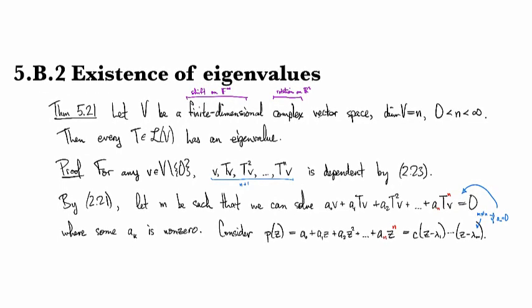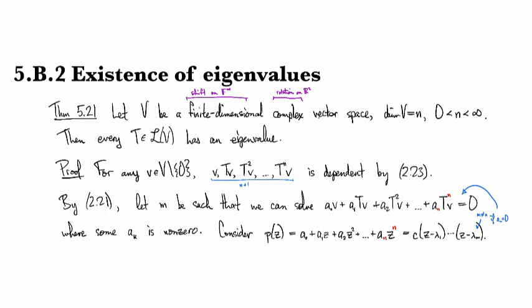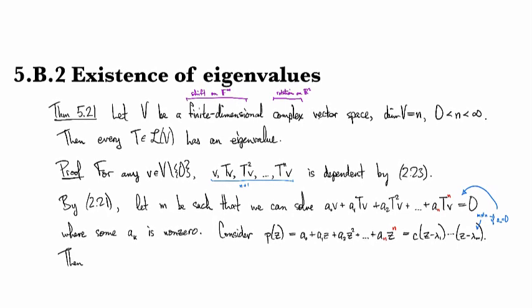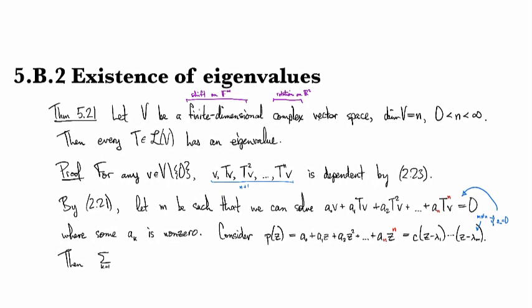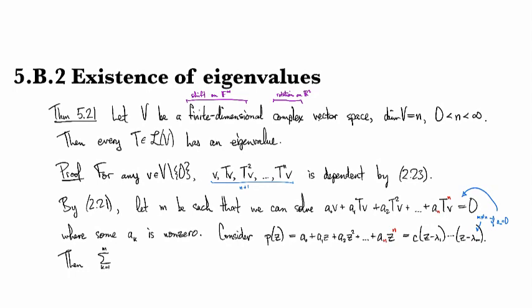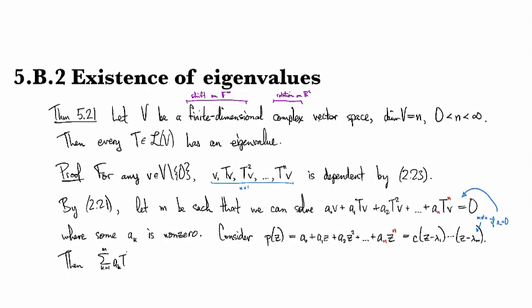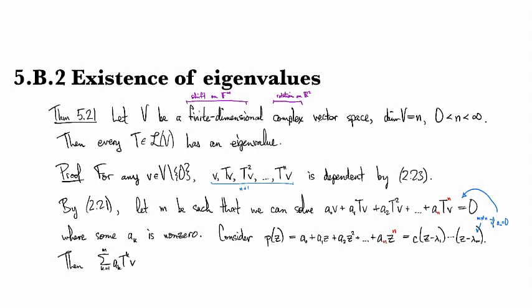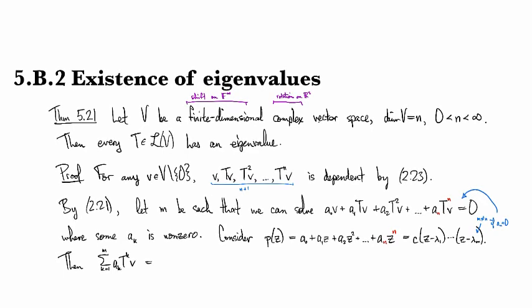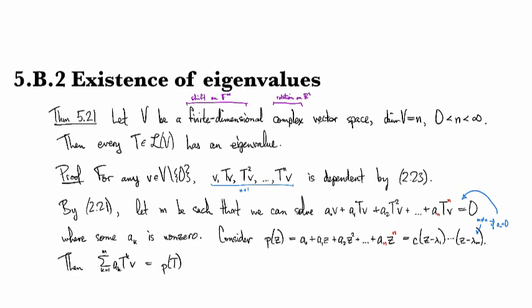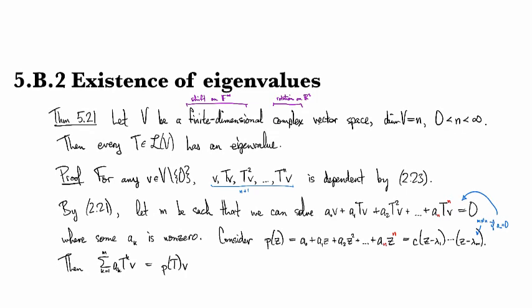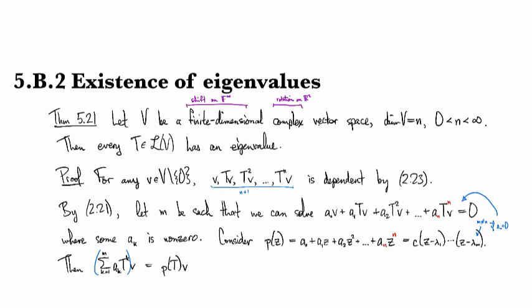Okay, so then let's see. If we look at the sum k equals 0 up to m of ak T^k V, then this is going to be the same thing as the polynomial applied to T applied to V. You can imagine factoring the V out of this expression by putting parentheses right here.